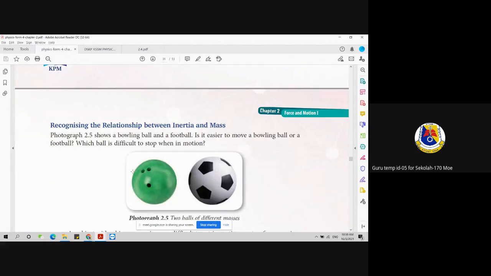The bottles, 3 bottles: one is lighter, one is middle, and one is much heavier. From the experiment, I want all of you to make a hypothesis about the relationship with inertia. You can think about it first, or you may discuss with your friend also.